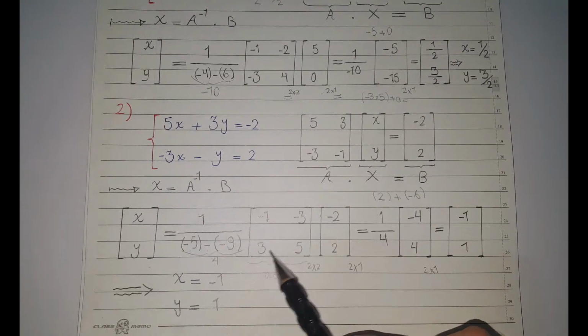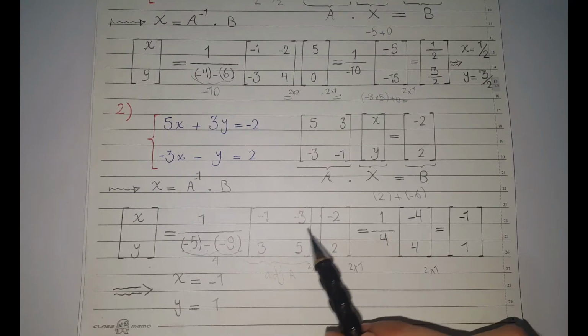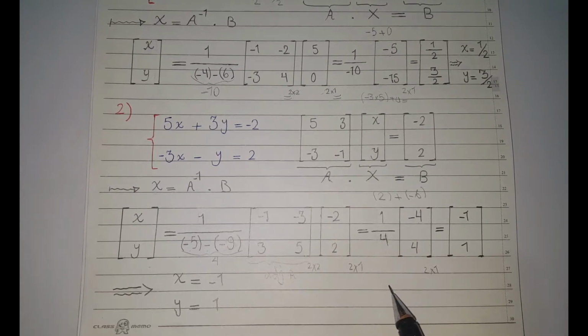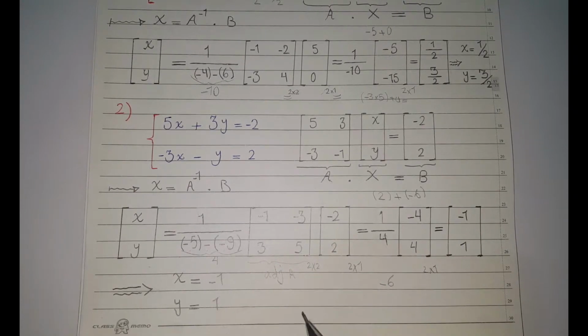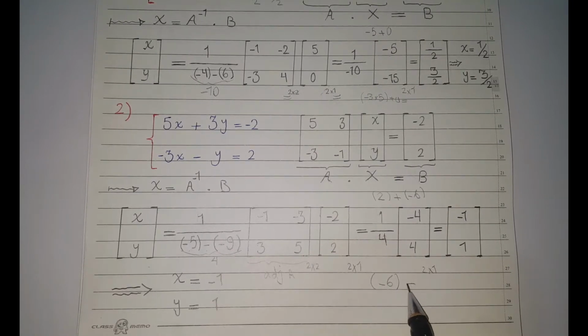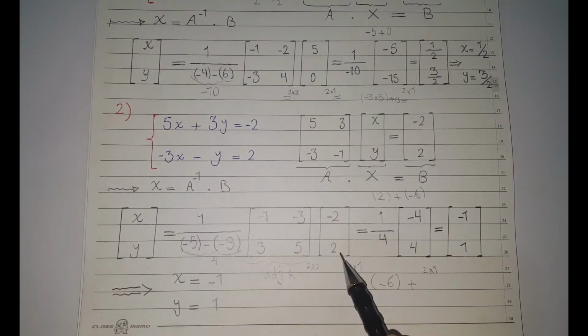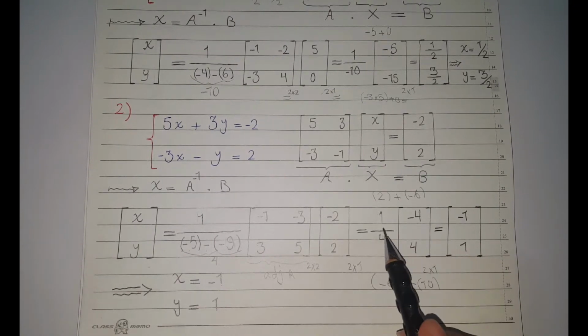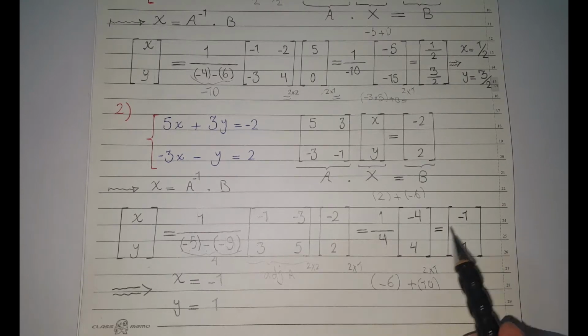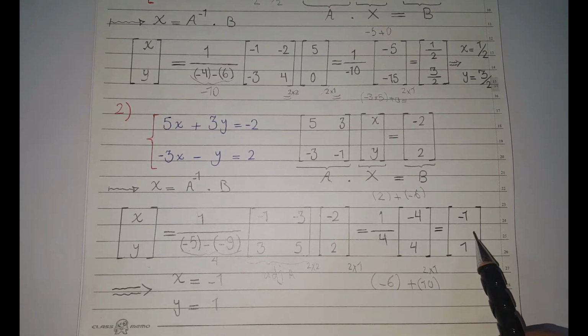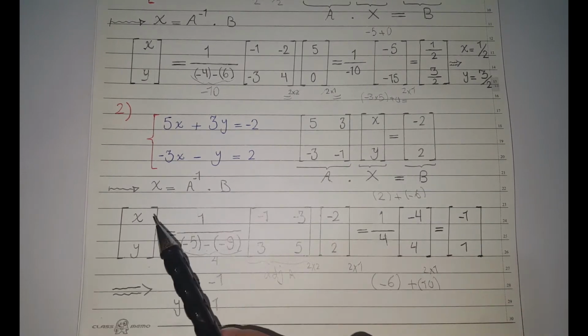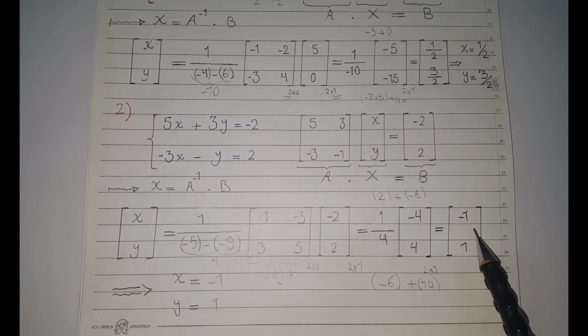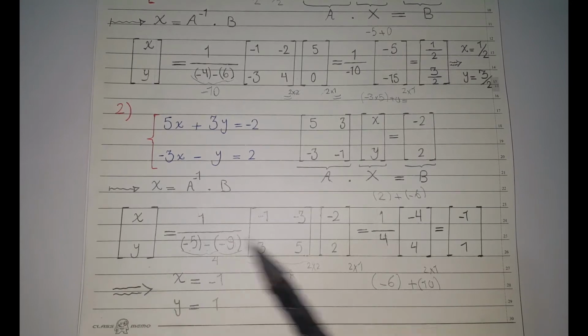Here 3 times -2 is -6, plus 5 times 2 is 10, overall 4. -4 over 4 is -1, and 4 over 4 is 1. From here we conclude that the variable x is -1 and the variable y is 1.